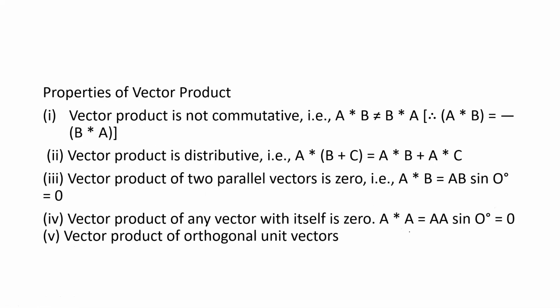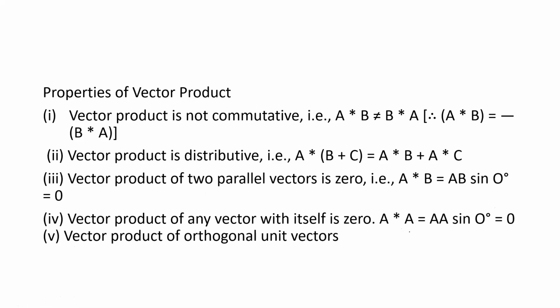Then next we have the properties of a vector product. Let us see the properties here. The vector product is not commutative. The scalar product is commutative, but vector products are not commutative.